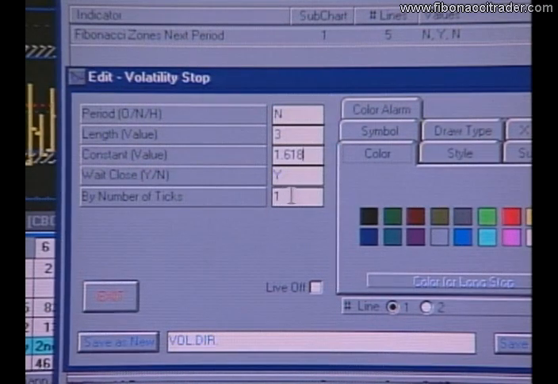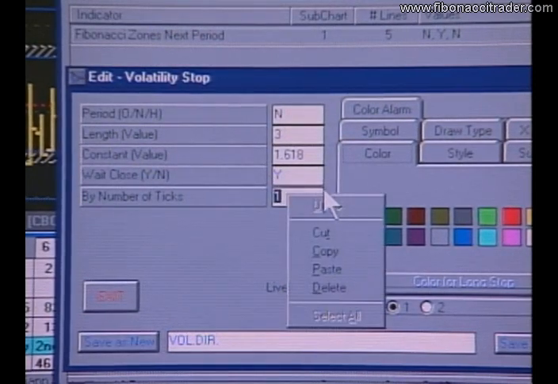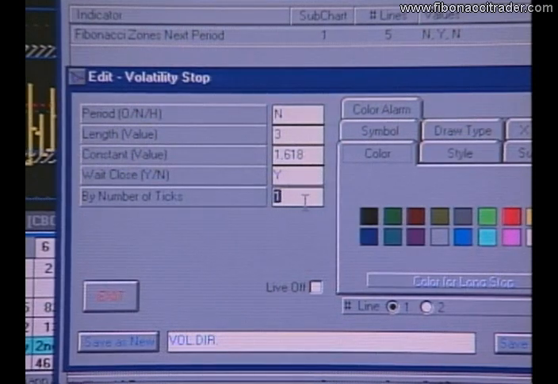Number of ticks at the moment, I've left it at 1. If you want to be a little more safe or a little more conservative, you can change that to 2. And that is all you have to do.